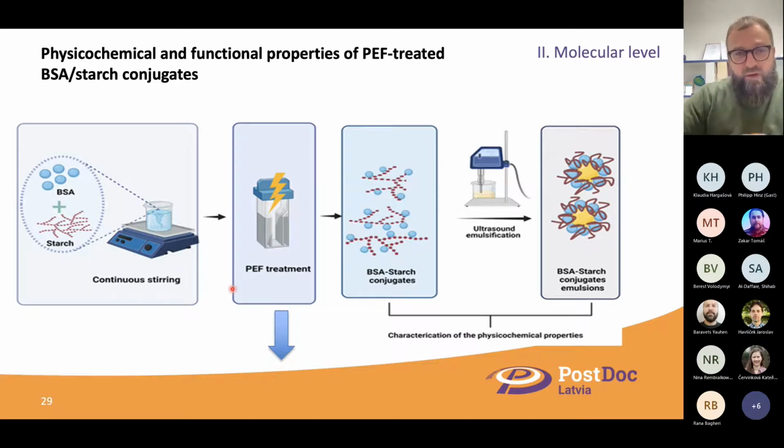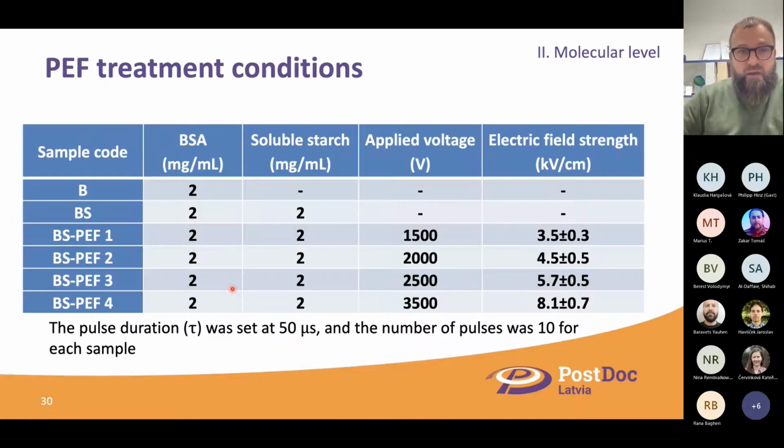The principle is quite simple. We have a mixture of these biological molecules, we apply PEF, and then we analyze how the bovine serum albumin and starch conjugates or interaction change after treatment, and how the conjugates' emulsifying properties change.